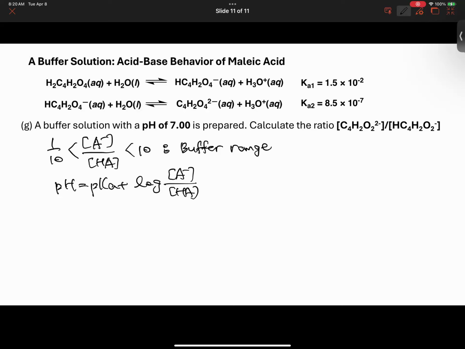When you use this equation, we come to the conclusion that because pKa is a constant, not changing as long as the temperature stays the same, the pH of a desired buffer must be within pKa plus 1 and pKa minus 1, in this range.